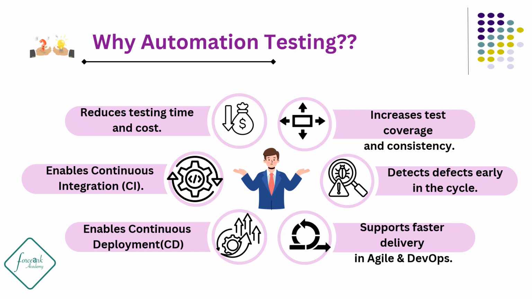Now let's see why automation testing. The primary reason for automation lies in its ability to enhance speed and efficiency, which significantly lowers both testing time and costs. Once test scripts are created, they can be easily reused with minimal modifications.